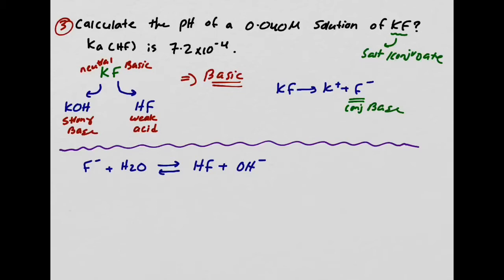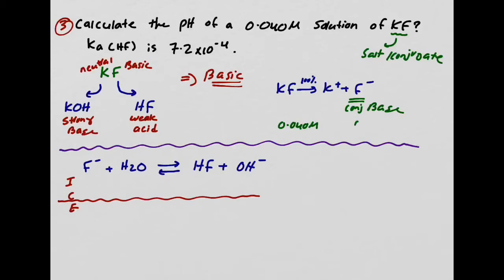It's a conjugate base. It's going to act like a weak base. That means we're going to have an equilibrium. And yes, the ice table is back. So far, so good. Now, what I had was 0.04 molar potassium fluoride. When it has 100% dissociation in water, you're going to have K plus and F minus because every single one is going to break up.